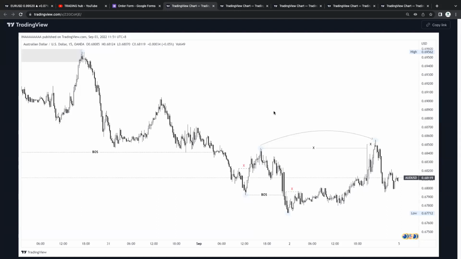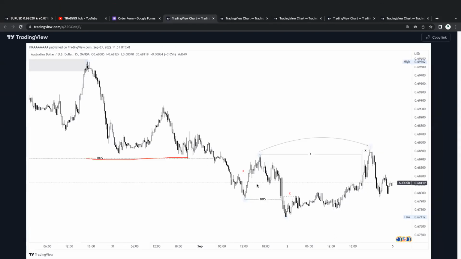What did you do here? I don't know. This was your major structure, and what is happening here in a lower time frame? I don't know. But in the question, you marked the major structure and minor structure. Okay.